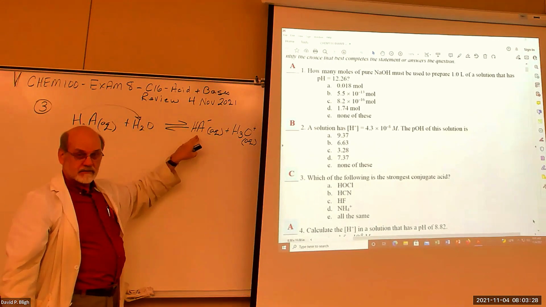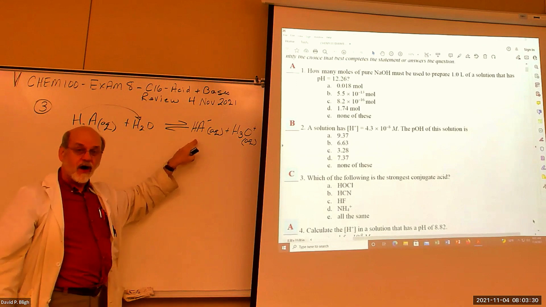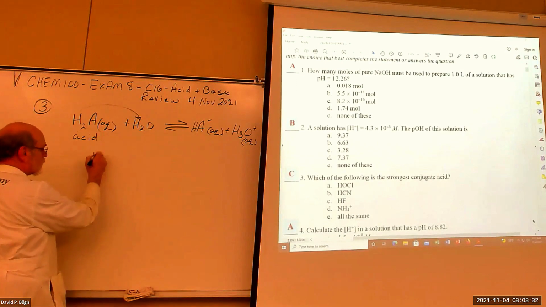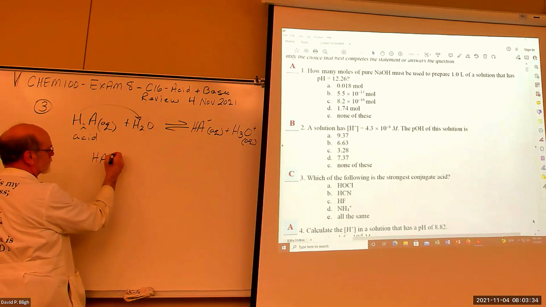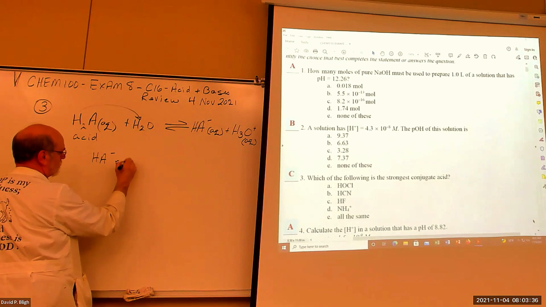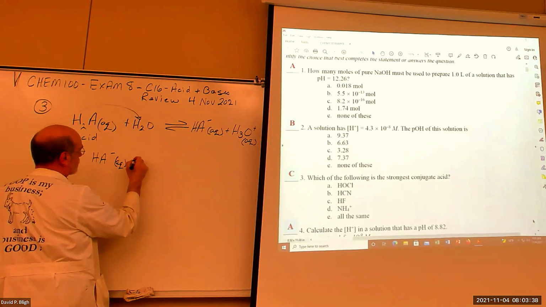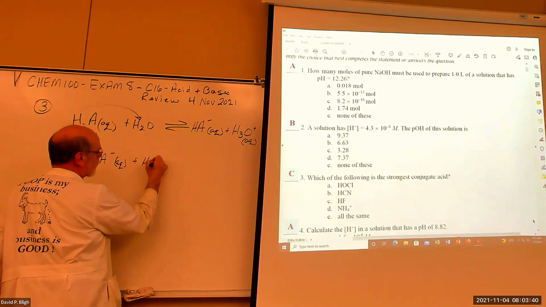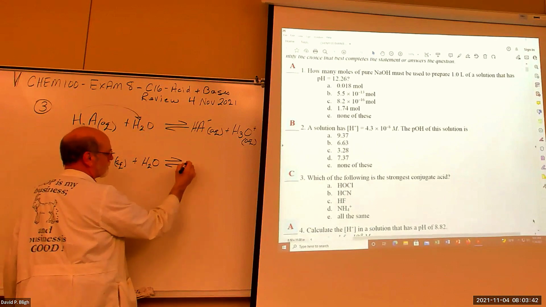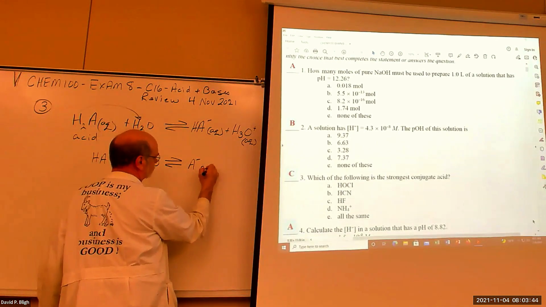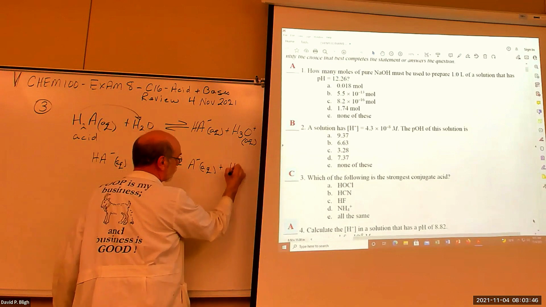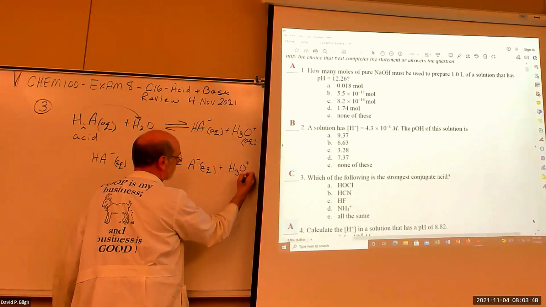But this species here can also undergo dissociation. So it's a sequential reaction, like that, and it produces another hydronium.